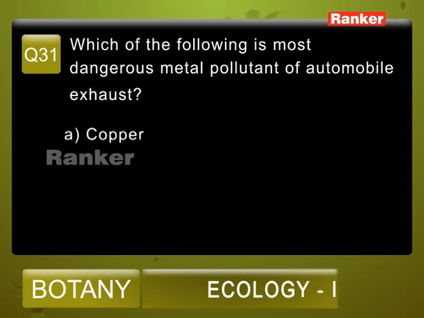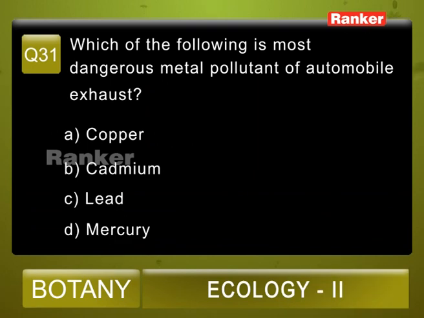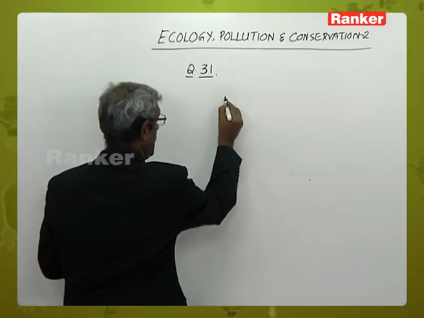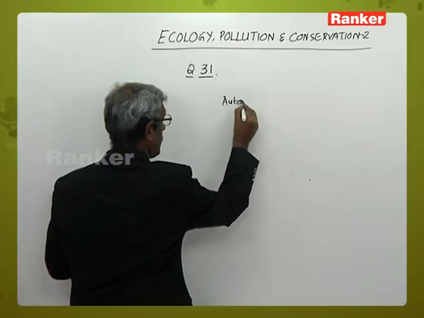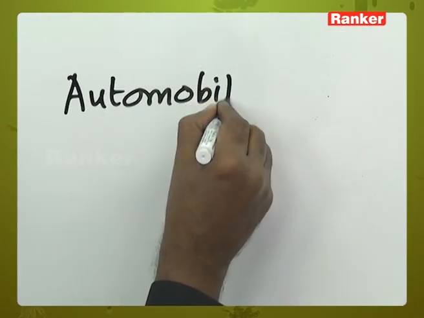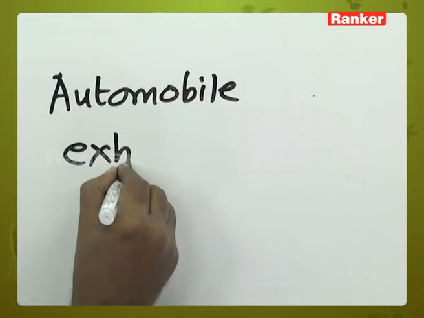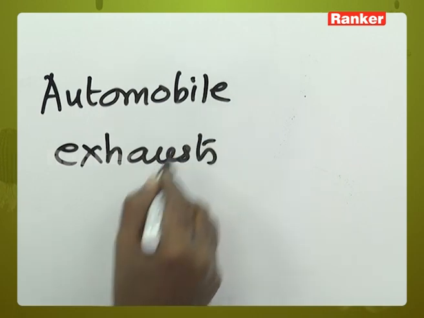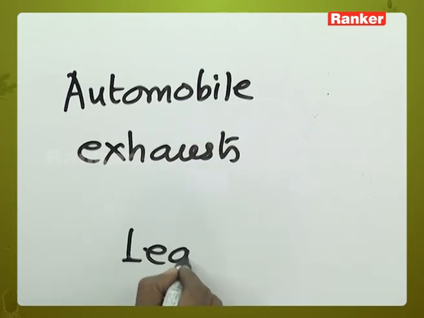31. Which of the following is most dangerous metal pollutant of automobile exhaust? A is copper, B is cadmium, C is lead, D is mercury. Whenever we take automobile exhausts, they are rich in lead.